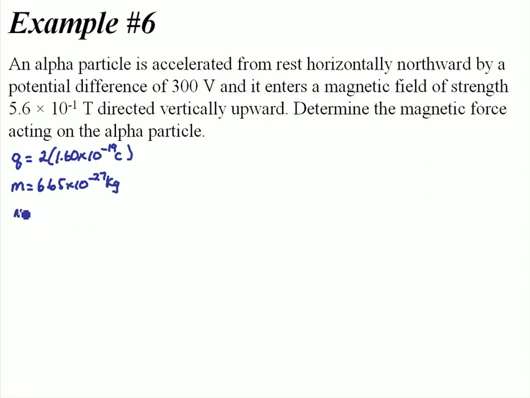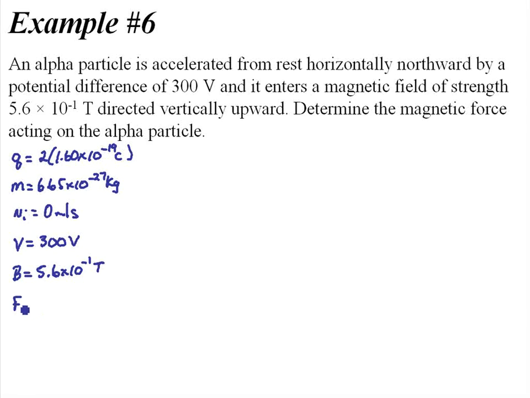We know it starts at initial velocity of 0 meters per second. We know it travels through a potential difference of 300 volts. And we know we have the magnetic field strength 5.6 times 10 to the negative 1 Tesla.